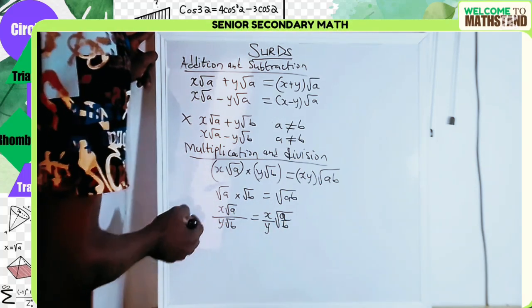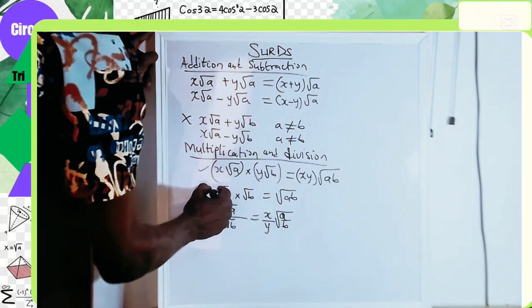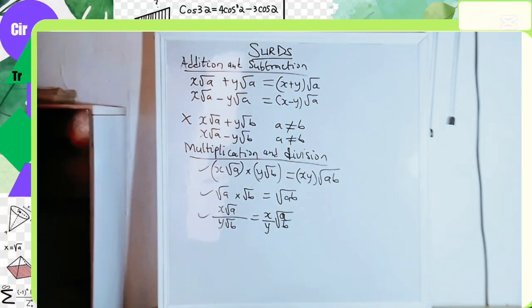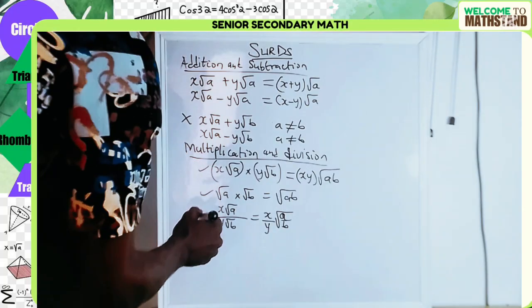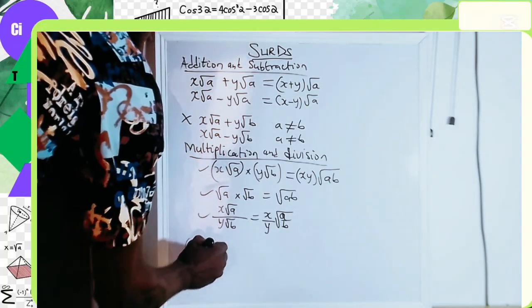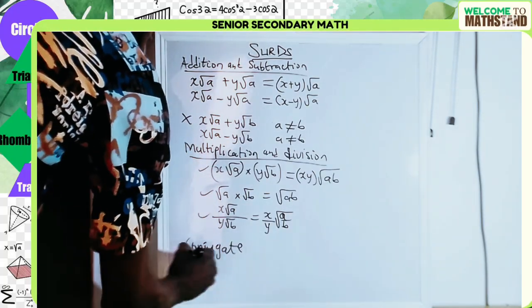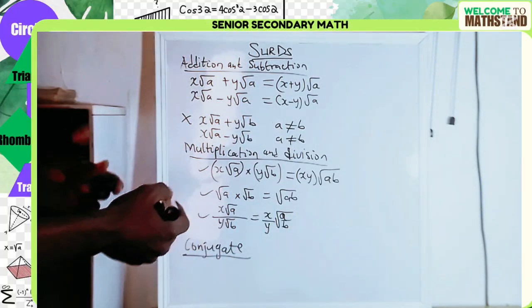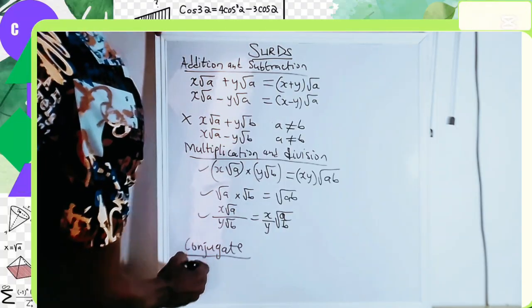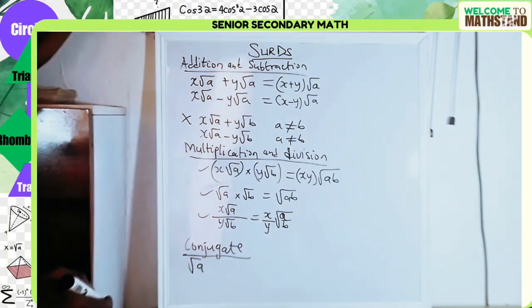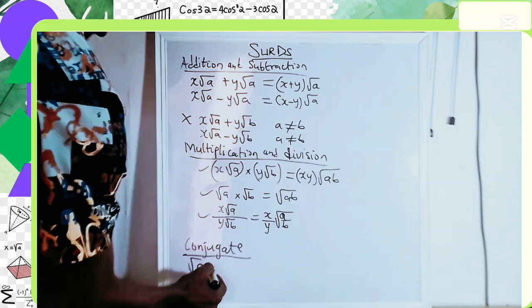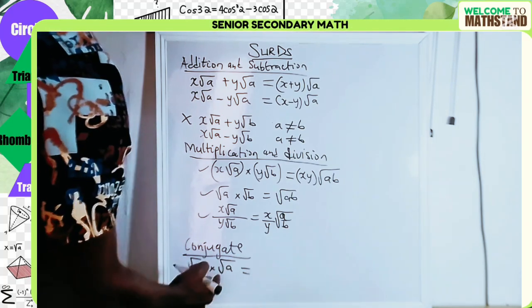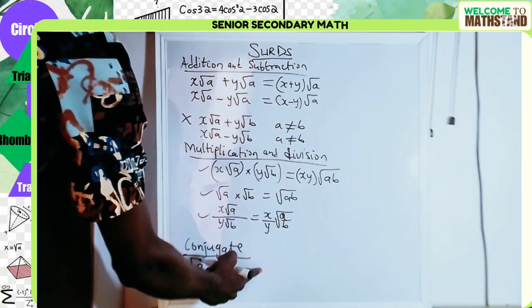Another thing that we need to know is what we call the conjugate of surds. The conjugate of surds helps in rationalizing the surd. Assuming we have √a, the conjugate of √a will be √a. So √a times √a changes the surd to a rational number.